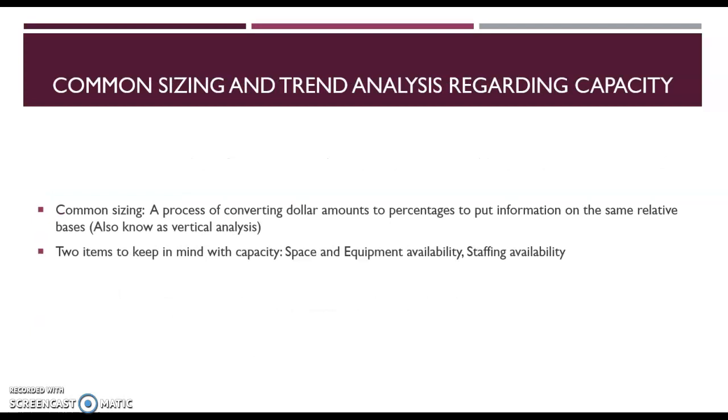And then when it comes to capacity, meaning our productivity and how many patients we're able to see in the healthcare field, there are a couple of things to keep in mind. The two biggest things with capacity are space and equipment availability, and staffing availability.